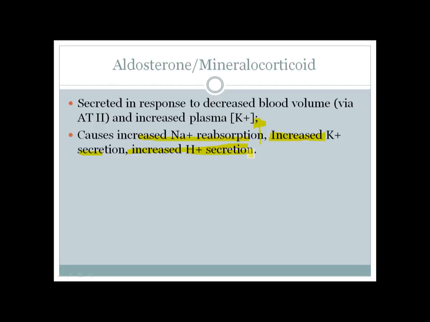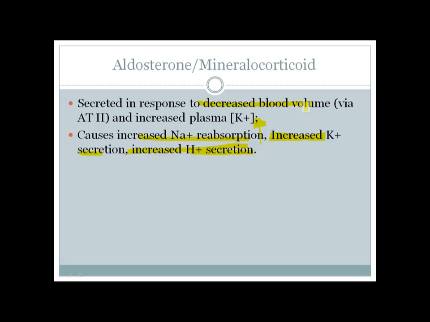And aldosterone secretion is controlled mainly by the renin-angiotensin system. Whenever you have a decrease in blood volume or decreased blood pressure, your macula densa will be activated, and they will activate the JG cells, or juxtaglomerular apparatus, to release renin.